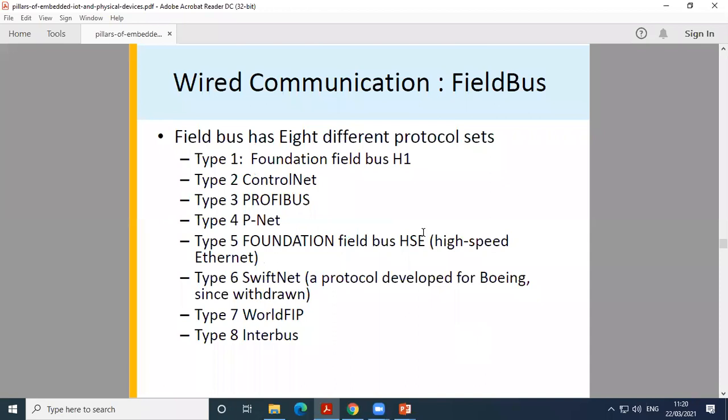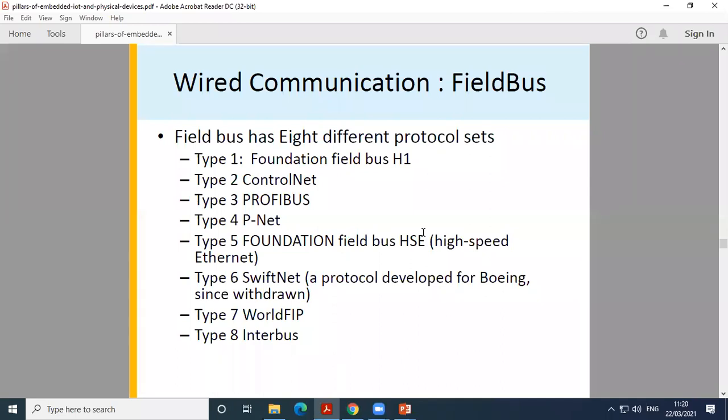Type 1 is Foundation Fieldbus H1, type 2 is ControlNet, type 3 is Profibus, type 4 is P-Net, type 5 is Foundation Fieldbus high speed ethernet, type 6 is SwiftNet, type 7 is WorldFIP, and type 8 is Interbus.